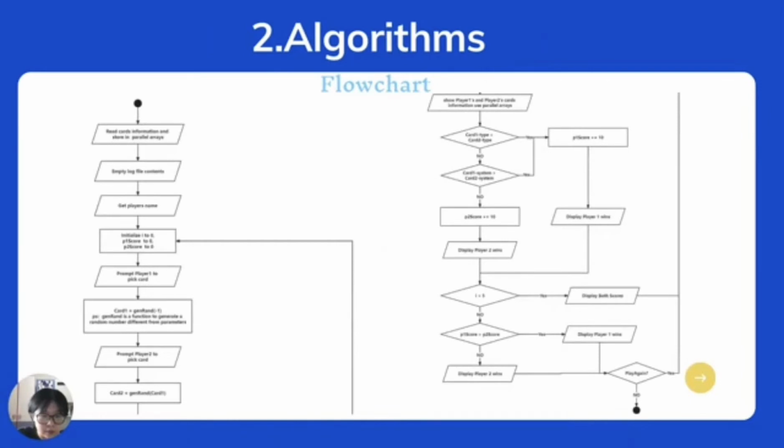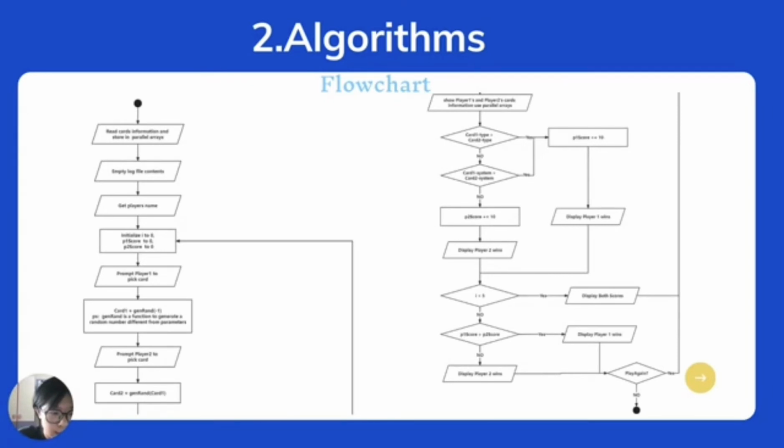So for the flowchart, we will read the card information and store it in parallel arrays. Empty the file contents. Get the player's name. Initialize I to 0, player 1 score to 0, player 2 score to 0.